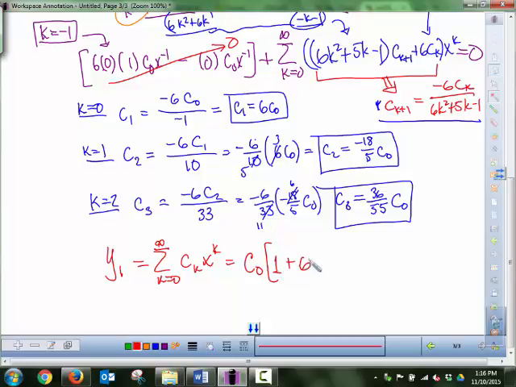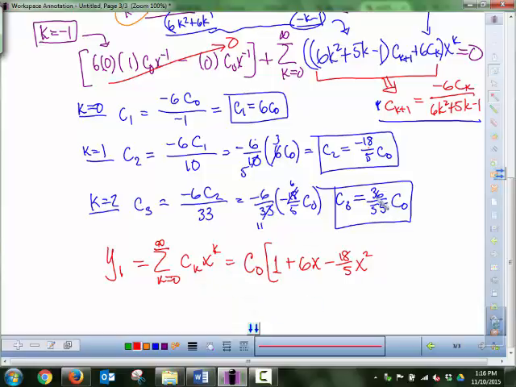Positive 6 c sub 0, and c sub 1 has an x to the first power attached to it. Then c sub 2 times x squared. So c sub 2 is negative 18 over 5 times c sub 0, which we factored out, and that c sub 2 is multiplied with x squared.